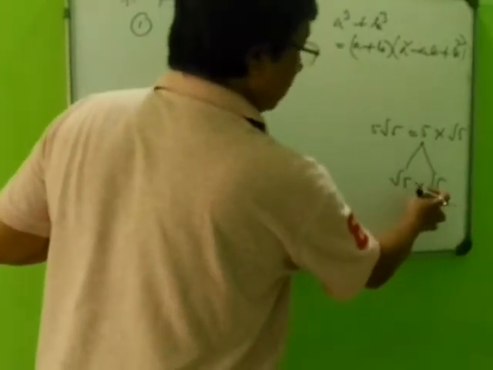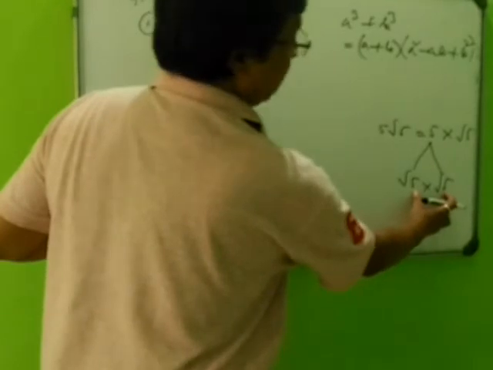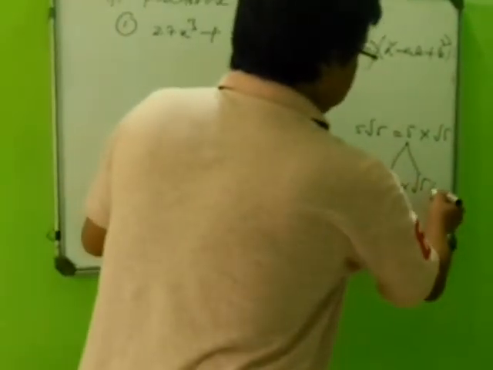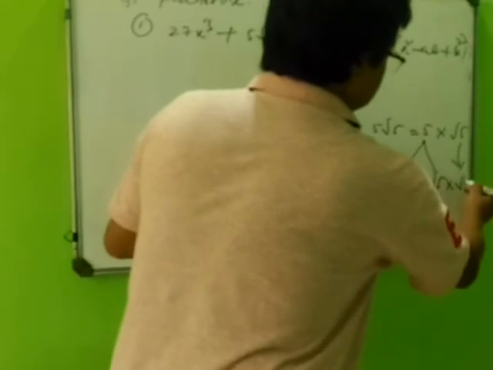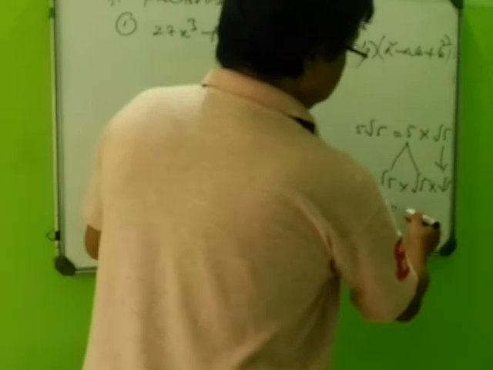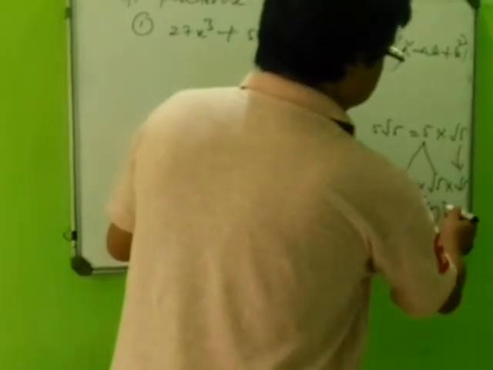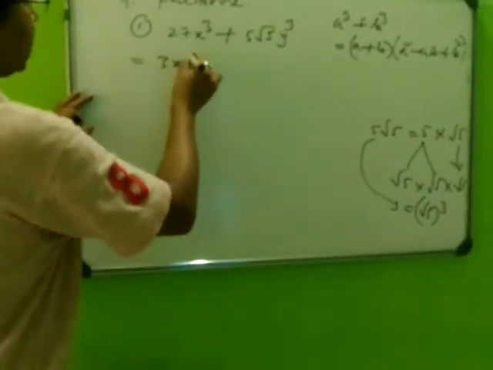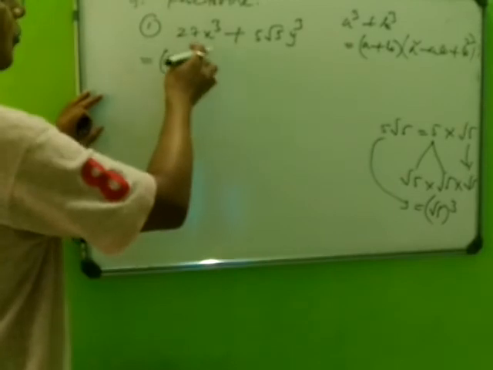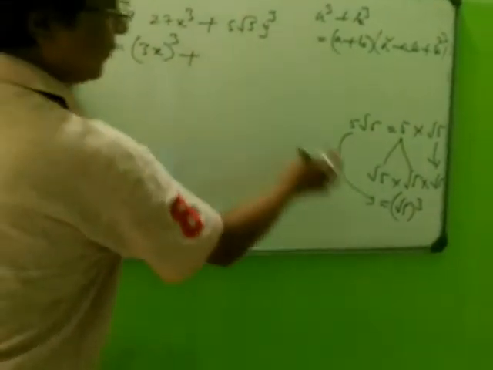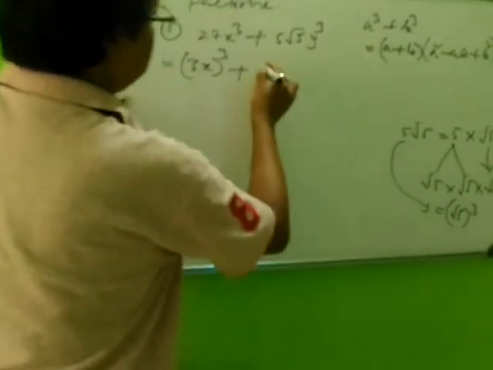Root 5 into root 5 gives root 25, which means 5. Then into this root 5, so you have multiplied root 5 three times, and got root 5 whole cube. So 5 root 5 equals root 5 whole cube. This is a cube: 3 cube, 27x cube.